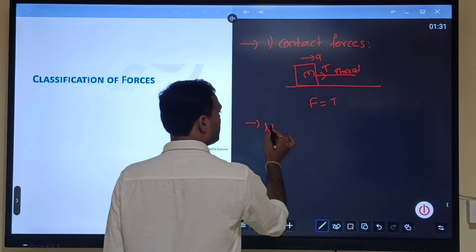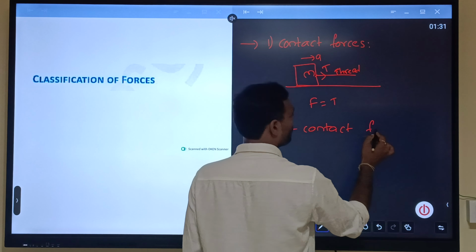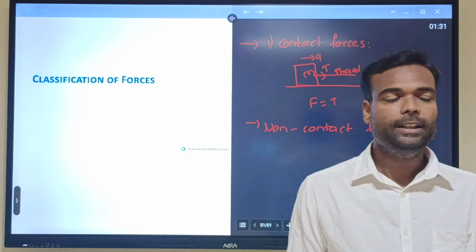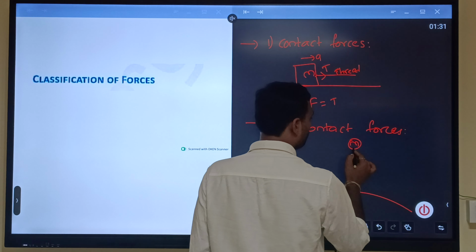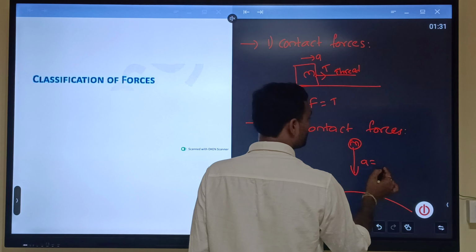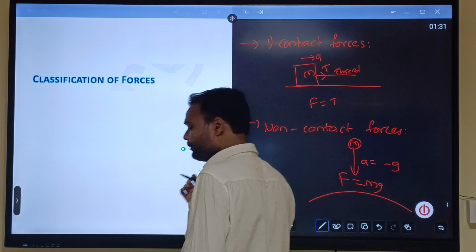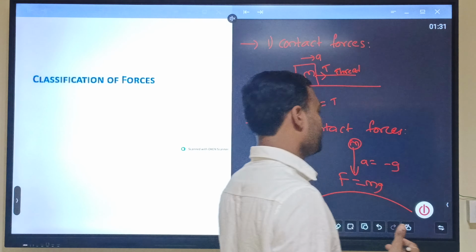So this is the example for contact forces, right? Number two is non-contact forces. Non-contact forces means, the best example is gravitational force, because the Earth is always trying to pull any object having mass towards its center with the acceleration of minus g. So what is the force value here? It is mg. This is the force acting on every object having mass on the Earth, right?